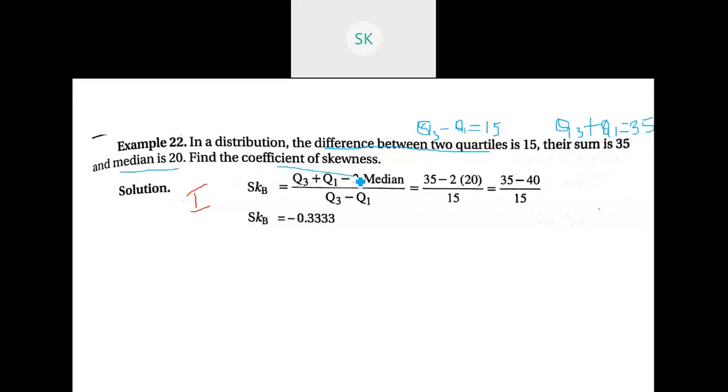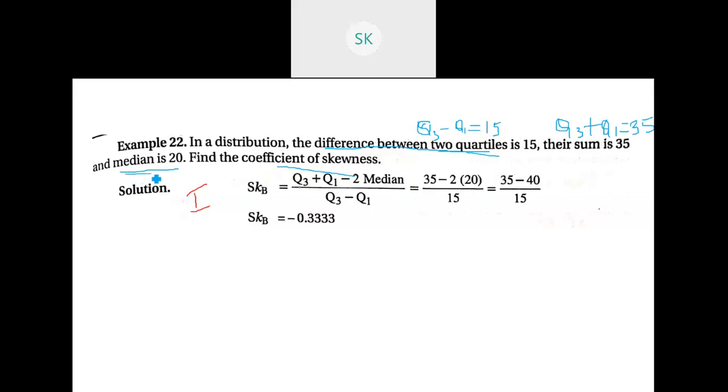Now, here again they have not asked specifically if it is Bowley's coefficient or Karl Pearson's coefficient. But when you see the data, they have given us the data of two quartiles, and then the data of median.